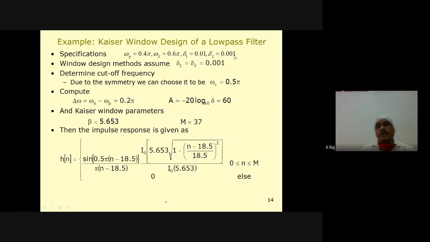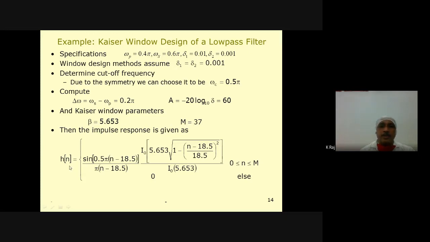If these parameters are given to design a low pass filter, naturally the ideal low pass filter has a cutoff frequency. From that we have derived that at least four parameters are required: the pass band edge frequency, the stop band edge frequency, the ripple in the pass band, and the ripple in the stop band. After these parameters, we determine A, then on the basis of A we determine beta, and then the order of the filter.